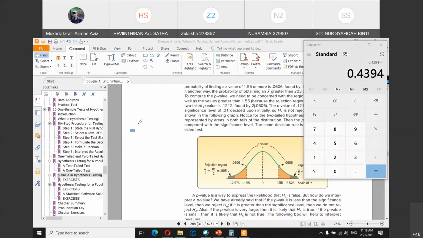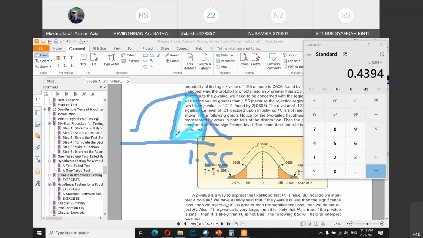In the previous chapter, when you learned how to locate the area under the curve, if your z value is 1.55, that means the area from 0 to 1.55 equals 0.4394. So that is the area from this part to this part, 0.4394.